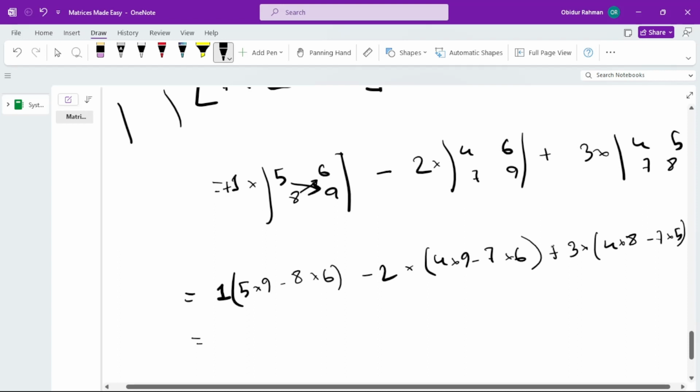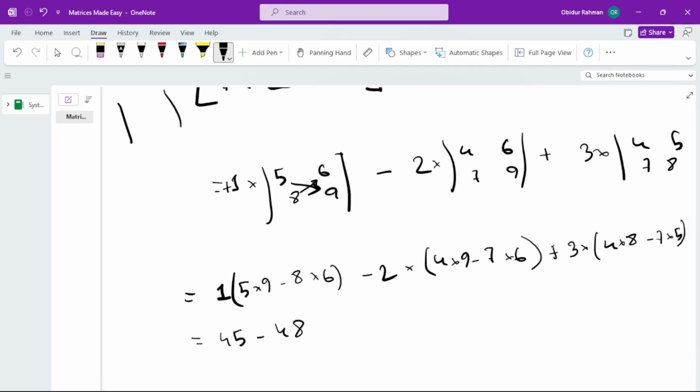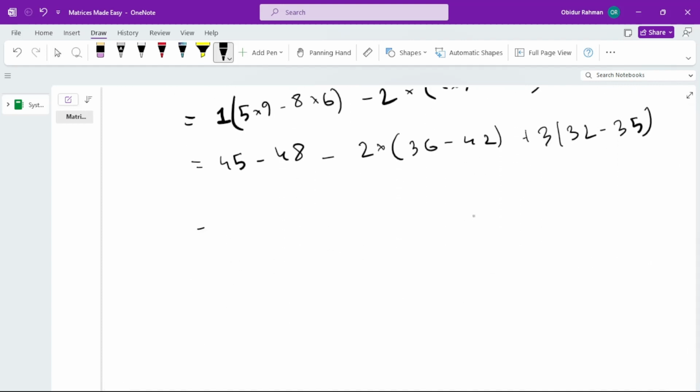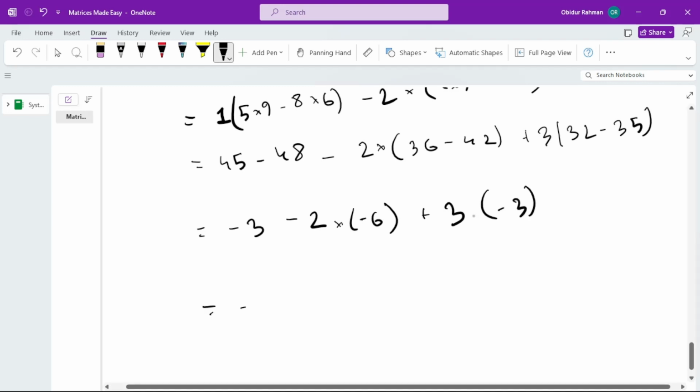What do we have left? 45. 3 times minus 3, we get minus 9. Adding it all up, we get 0.